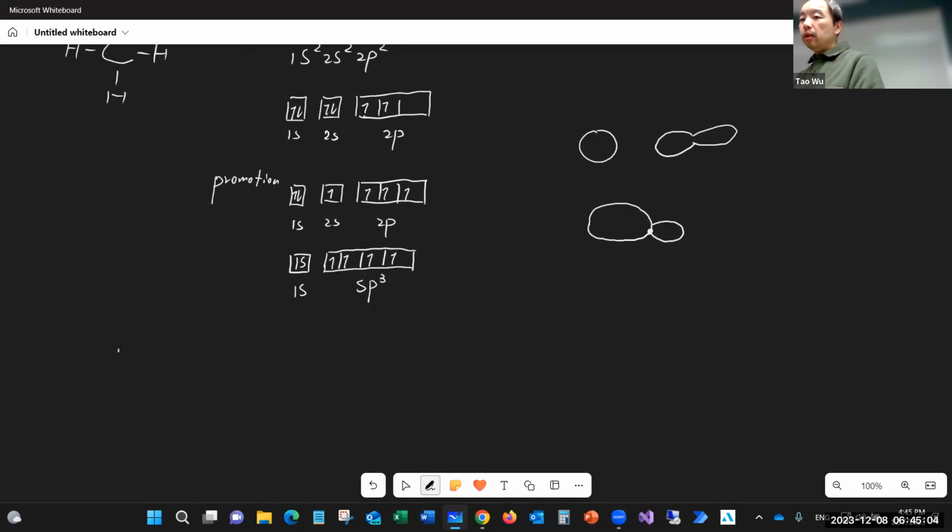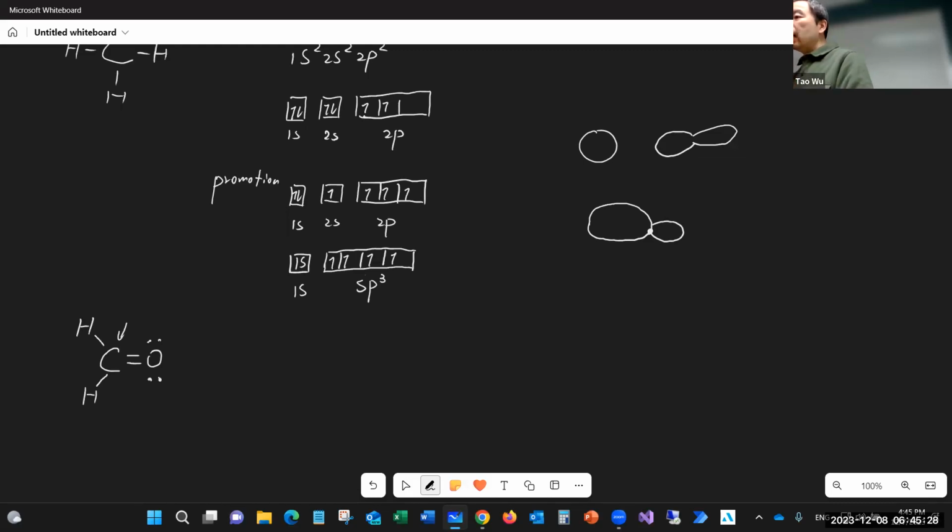For example, if we have a carbon in formaldehyde, and you're looking at the central atom, the carbon, what happens? It has 3 sigma bonds and 1 pi bond.